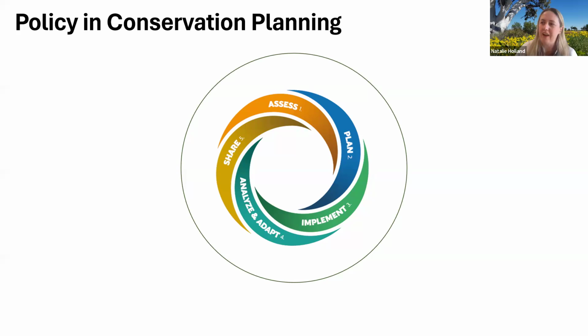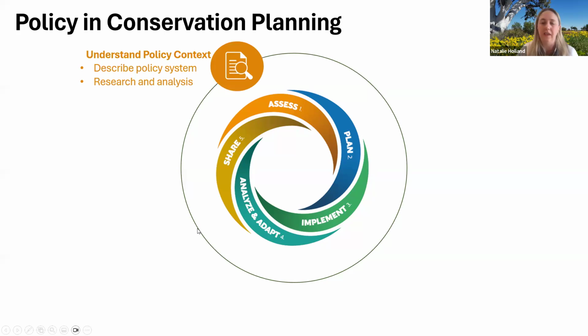So this diagram you should all hopefully be familiar with. It's the basic conservation standards diagram. We've adapted this and aligned some of the policy tools that we have to the conservation standards cycle, and I'll take you through how we see that happening.